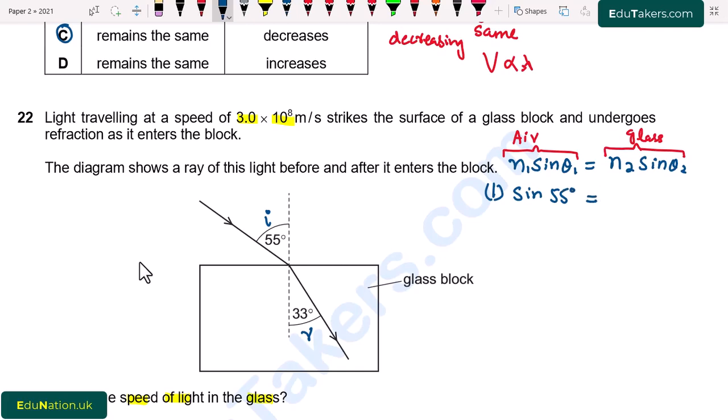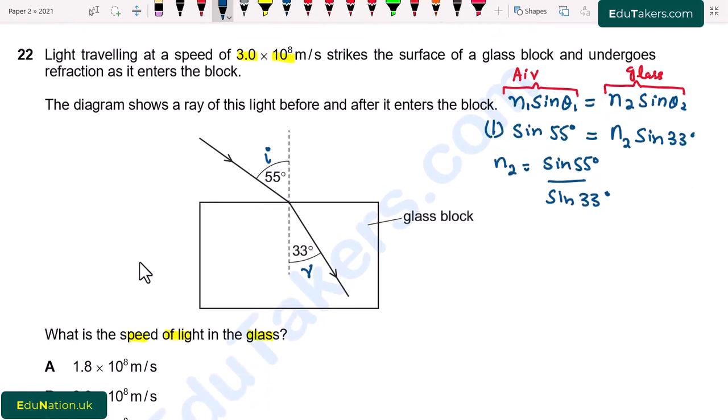It will be equal to n2, the refractive index of glass. We have to find its value. So n2 sin θ2, where sin 33 degrees because θ2 is the angle of refraction. So n2 will be equal to sin 55 degrees over sin 33 degrees. The value of the refractive index for the glass comes to be 1.5.